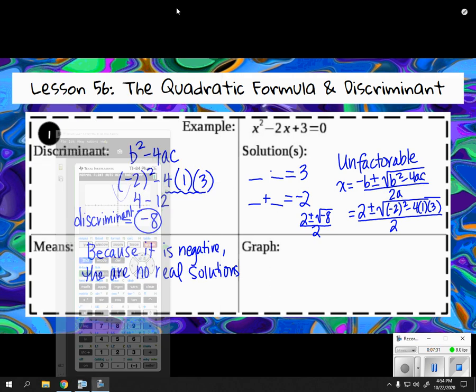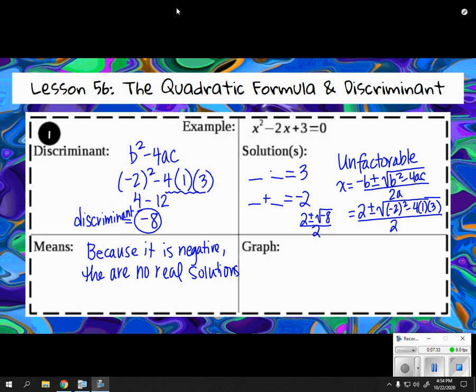That means that we have no real solution because it doesn't cross the x-axis. So no x-intercepts. We're just going to hang it out in space like right about there. And so it has no x-intercepts. It's unfactorable. When we run the quadratic formula, we get a negative number underneath the square root.